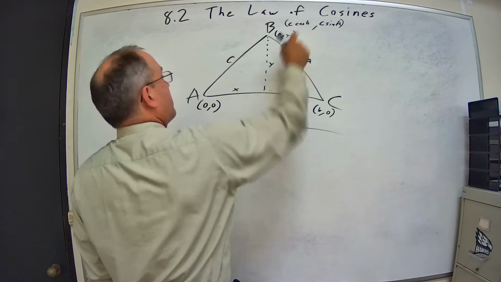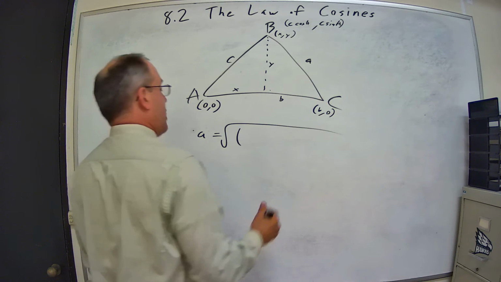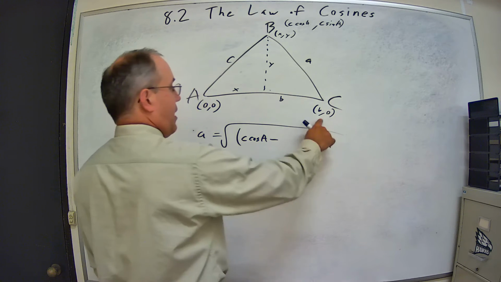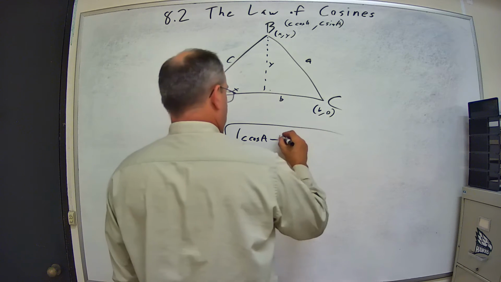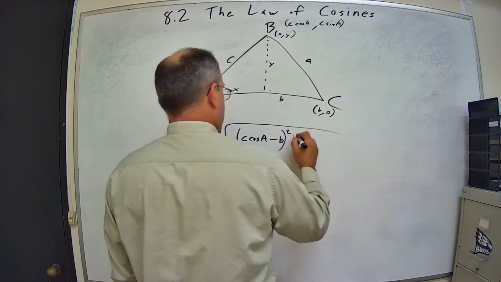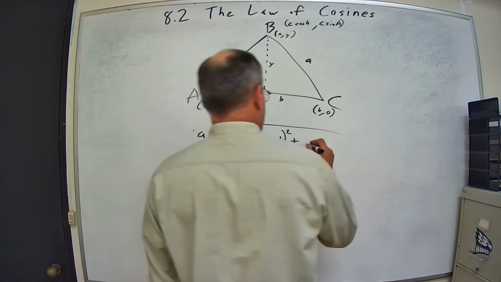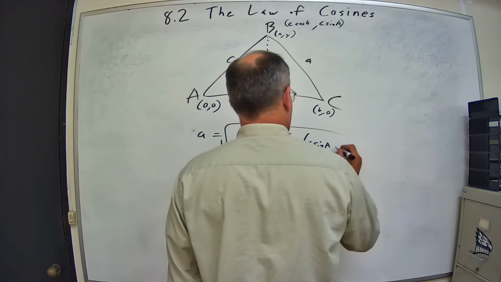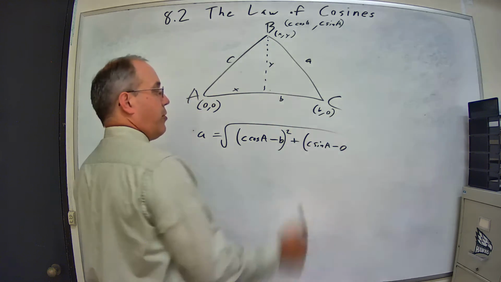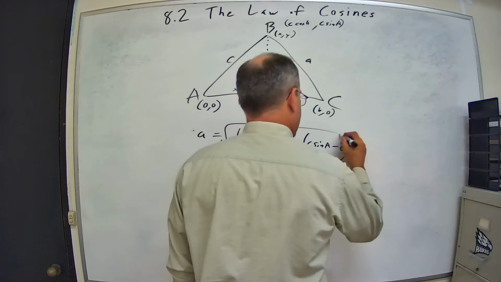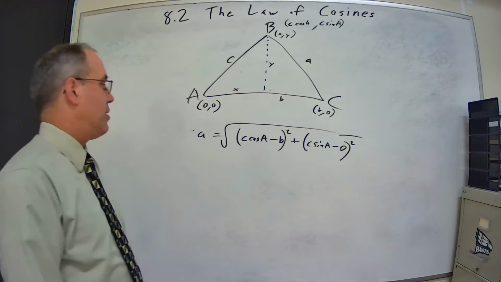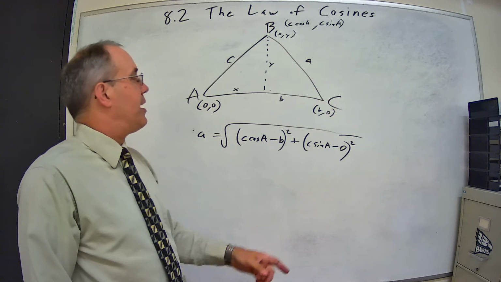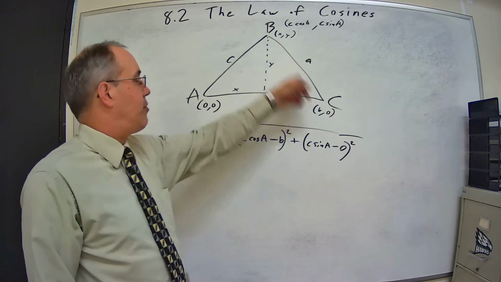Well, x in this case is c cosine A, and x for this point is b, and then y is c sine A, and for this point it's 0. So that's the difference in x from here to here, and the difference in y from here to here.